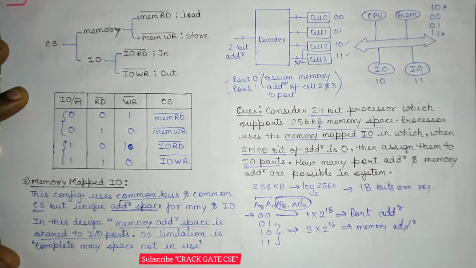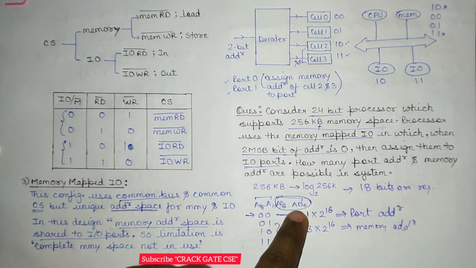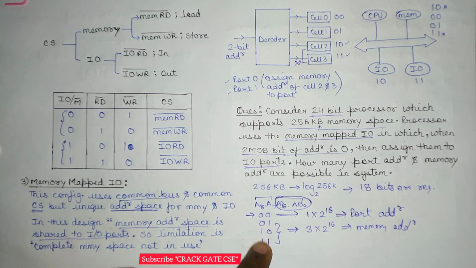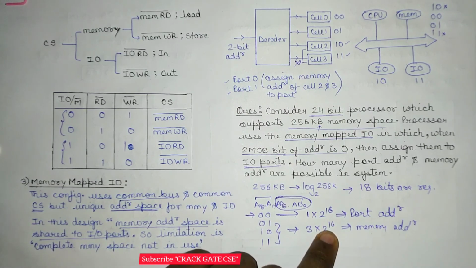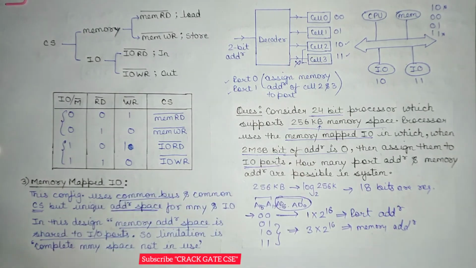So this is how you can answer such types of questions. Because there is 2 to the power 16 possibility for 00, and for these three values also 2 to the power 16 possibility each. So here I am multiplying by 1, that will be our port addresses as per the condition, and if we multiply by 3, that will be our memory addresses. So this is how you can solve these kinds of questions.